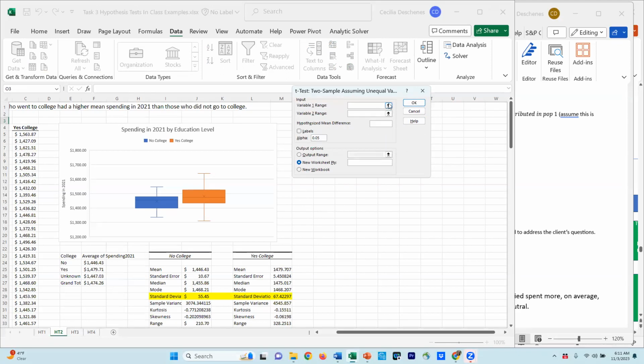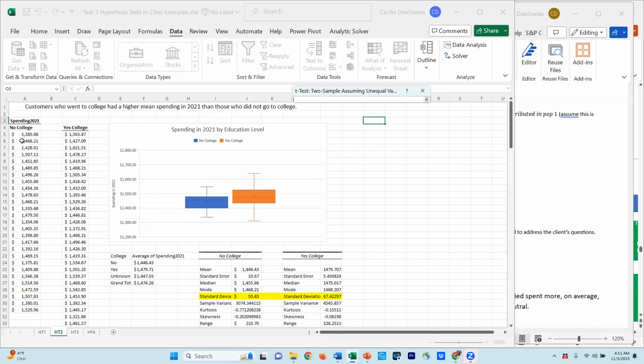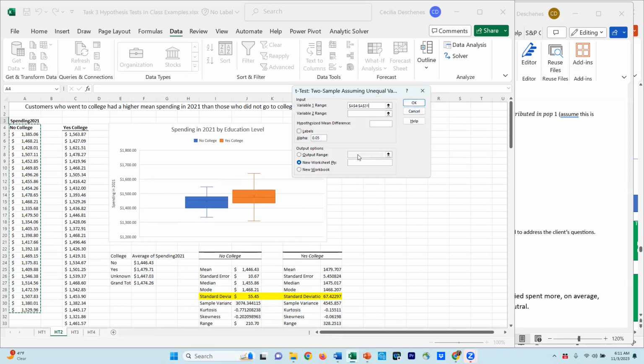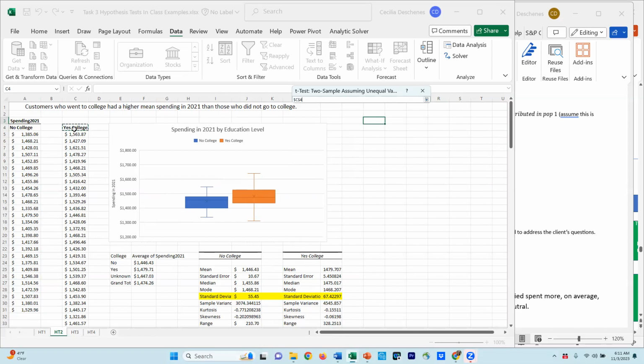So let's get variable 1. We're going to code with the no college for that. And because I changed my heading, I can go ahead and use this. And variable 2, I'm going to, again, choose this.